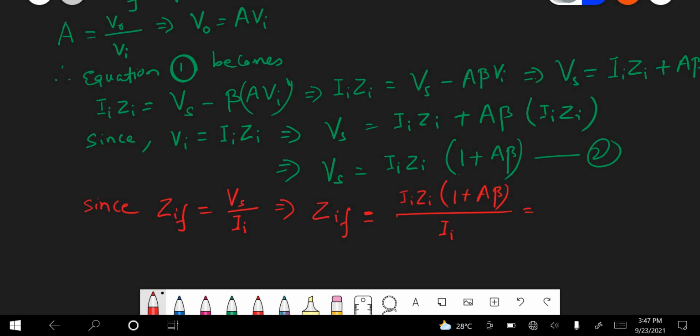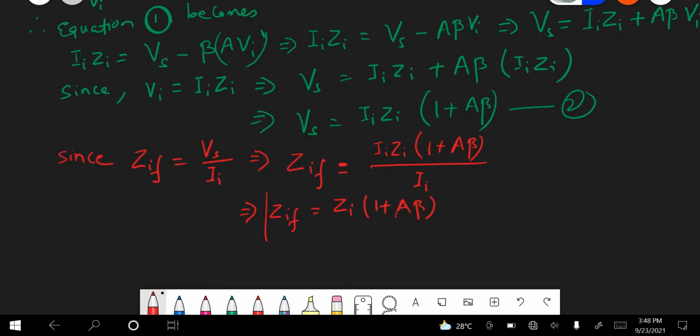So I can write Zif is equal to Zi into 1 plus A beta. So this is the expression that shows the effect of feedback on input impedance: Zif is equal to Zi in bracket 1 plus A beta.